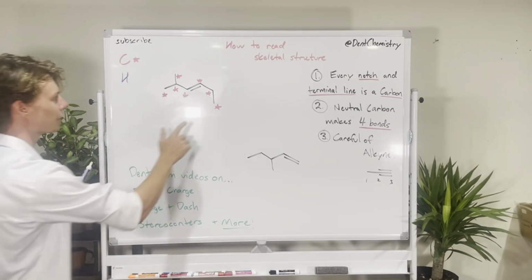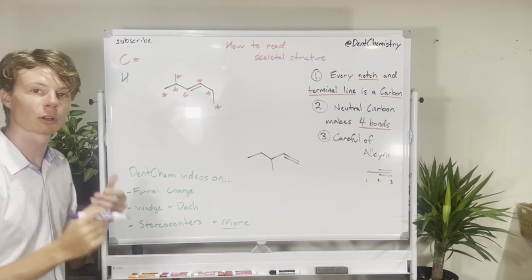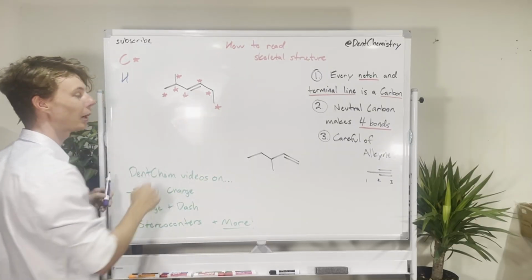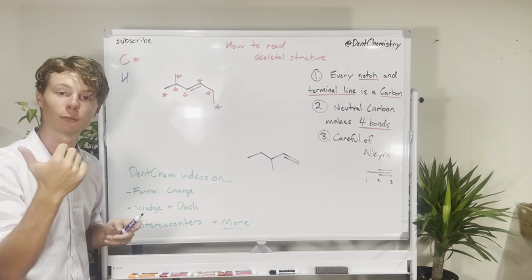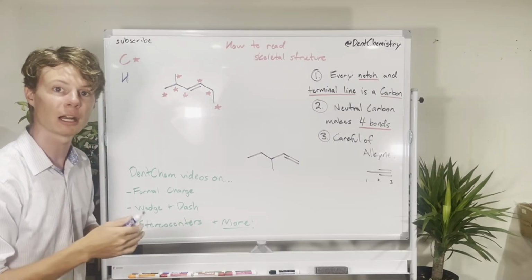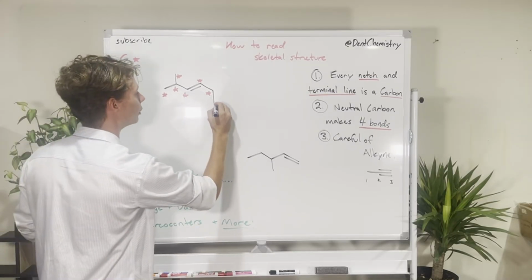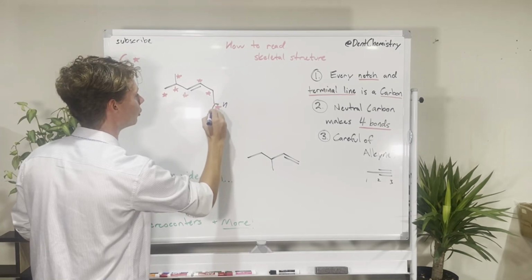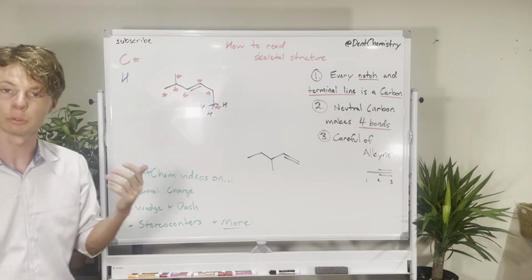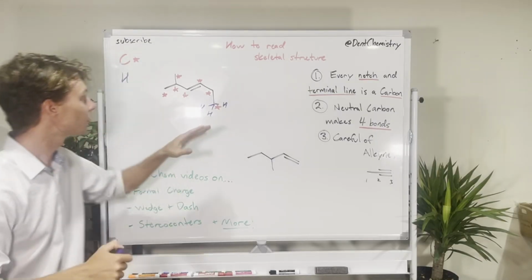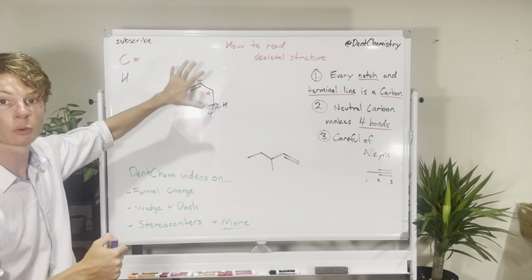So let's start down here with this carbon. It's currently making 1 single bond to another carbon. But because it's neutral, it needs to be making 4 bonds. So where are those other 3 bonds going? Hydrogen. 1, 2, 3 hydrogens in there, okay? And we'll just keep moving on that way. And remember, every single carbon here should be making 4 bonds.